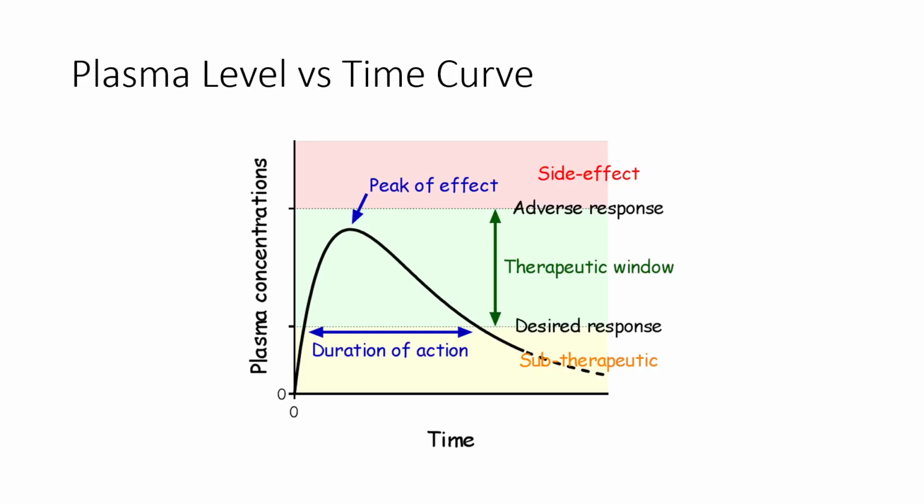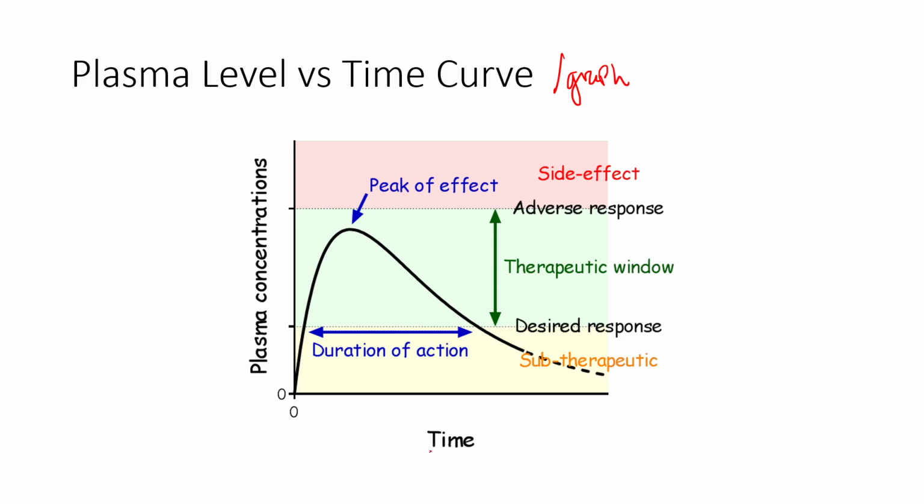So what you have on the slide now is the plasma level versus time curve. You should listen well since this curve is something you will encounter throughout the course. The plasma level versus time curve is a graph which compares plasma level versus time.